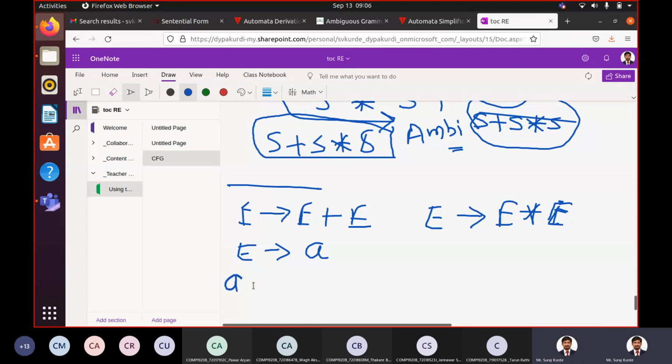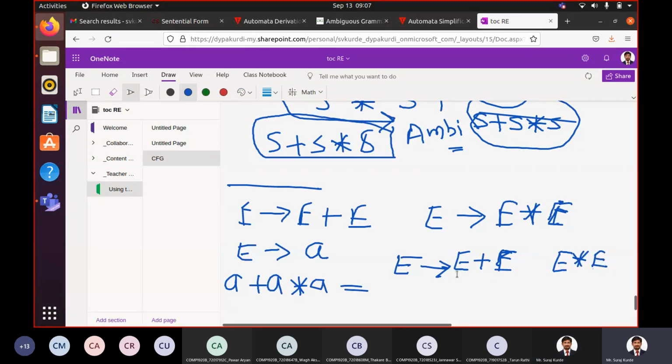Then if you want to construct or derive a string, let's say a plus a into a, from the start symbol E, what we have to do is either we can have E plus E, or we can have E into E as a first string. We have both the options.